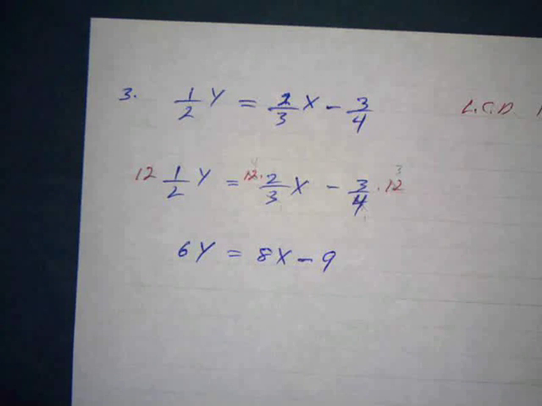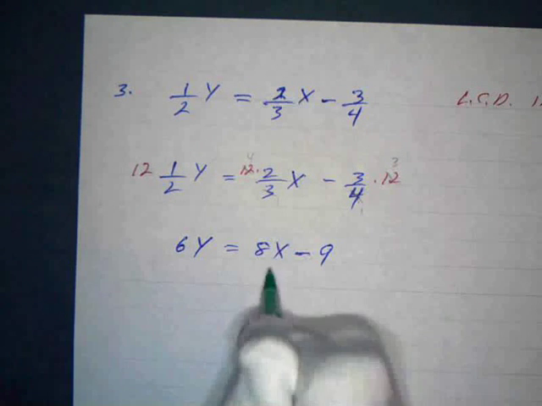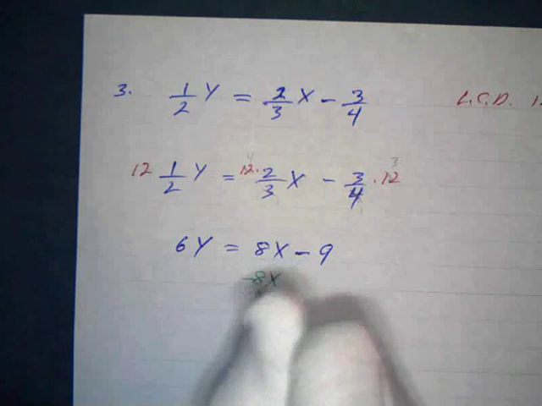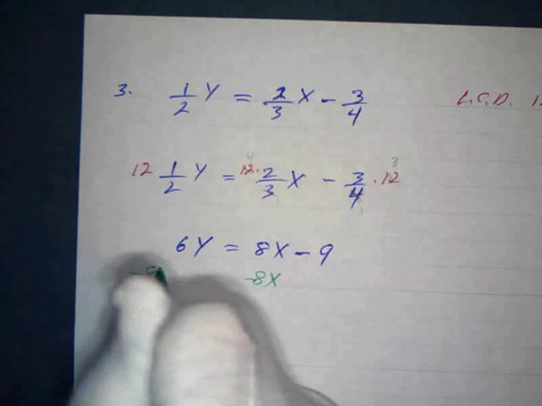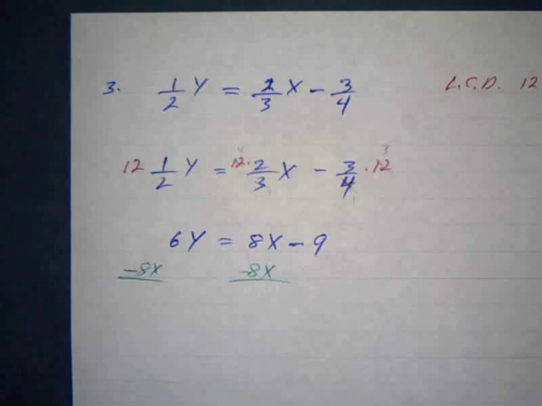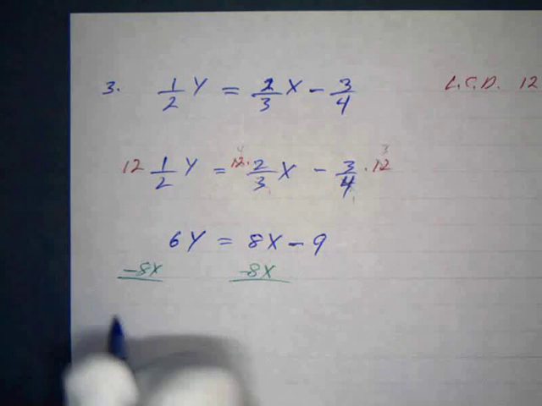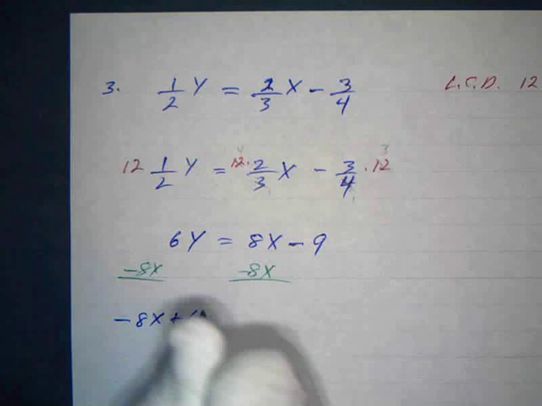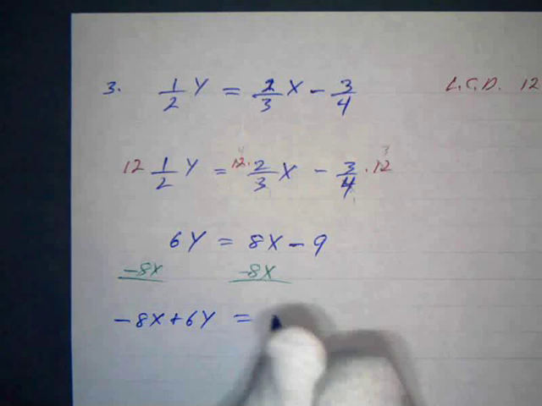Now we want to get all of our variables on the same side, so I'll subtract 8x to move it from the right to the left. And I have now negative 8x plus 6y, excuse me, on the left, and that equals negative 9.